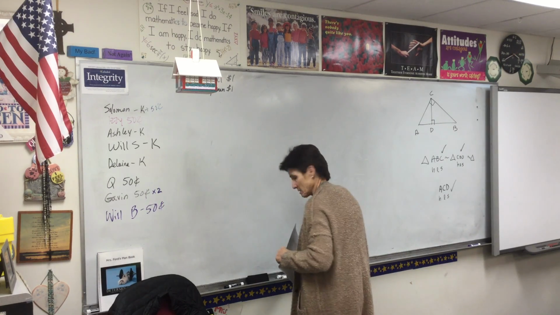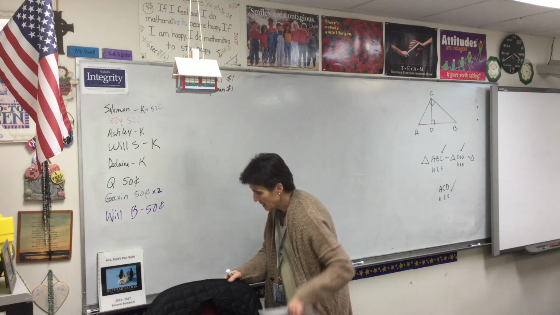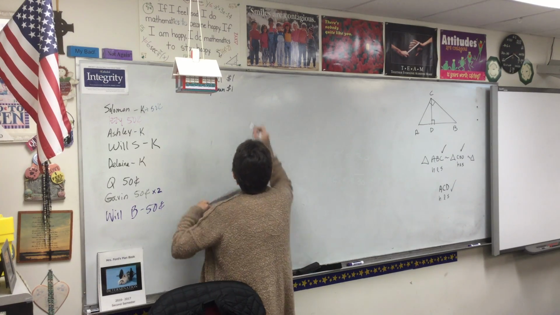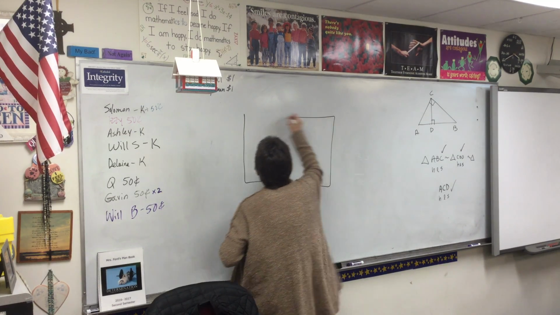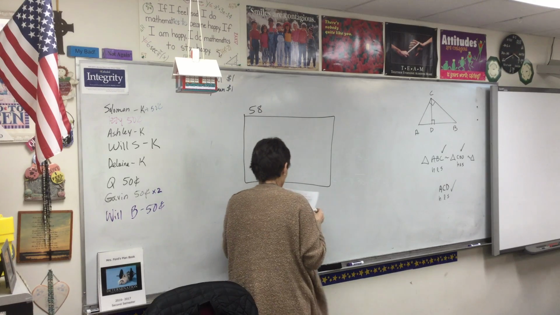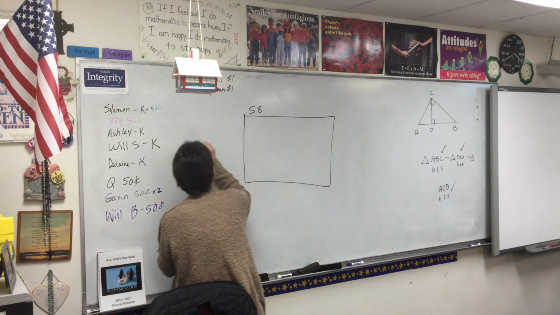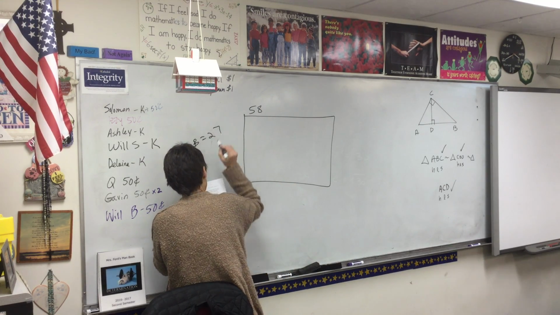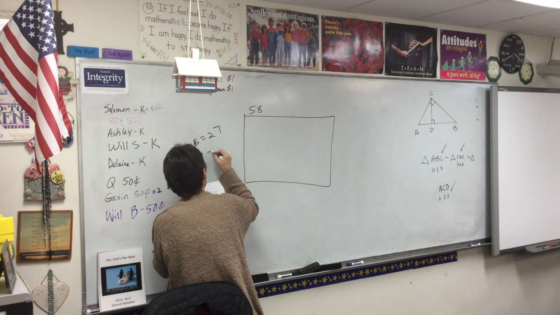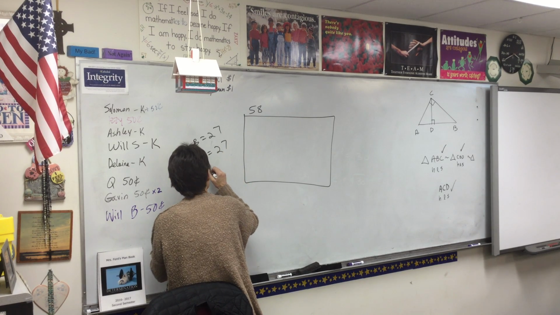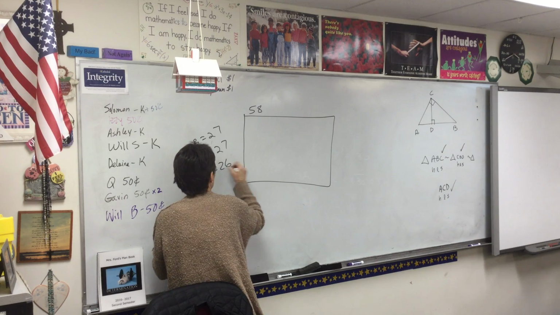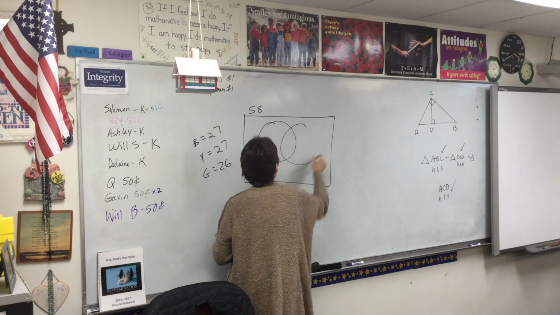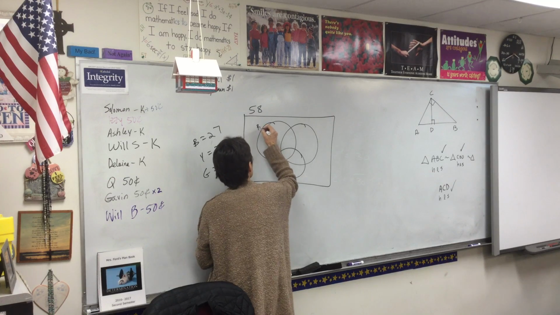The box has 58 people in it. And 27 of them like blue, and 27 of them like yellow, and 26 of them like green. So we've got a blue, a yellow, and a green circle.